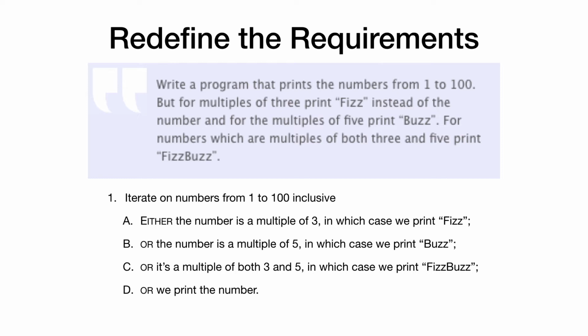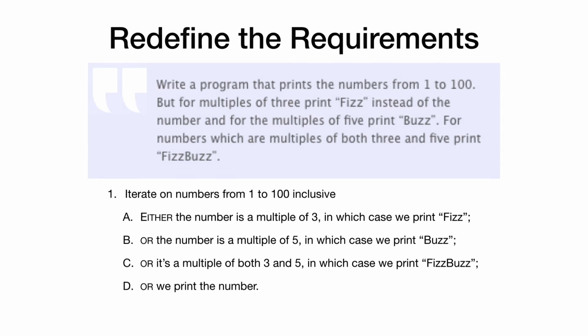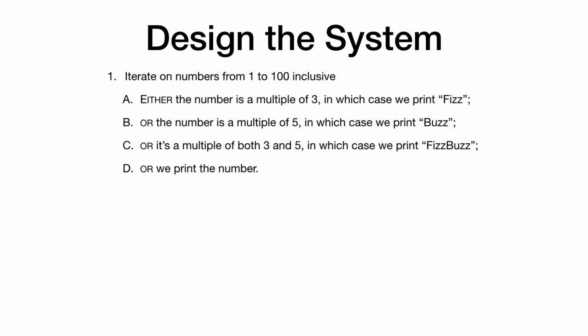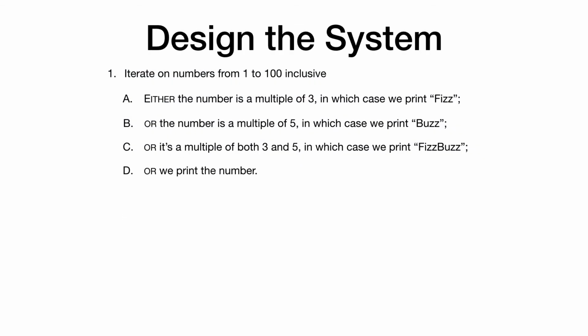Expressed this way, I have a main requirement and 4 subordinates. And the subordinates don't complicate the main requirement. Well then, the redefined requirements look like they still match the challenge posed to us. So the main requirement is to iterate over the numbers, which I'll do in a control loop.